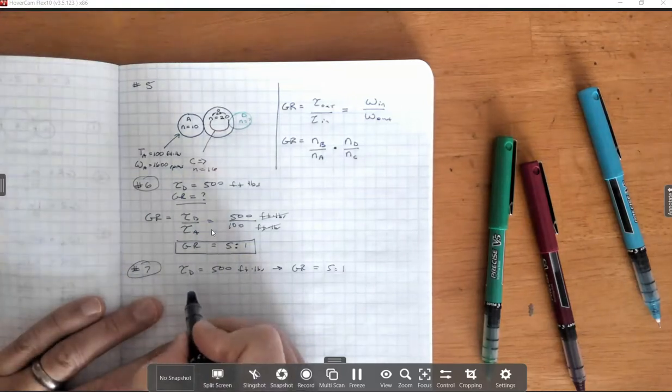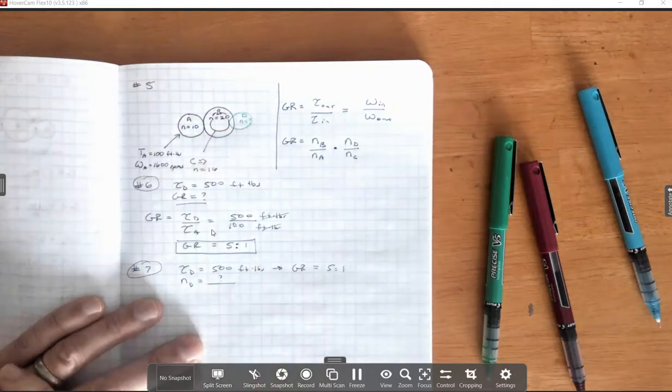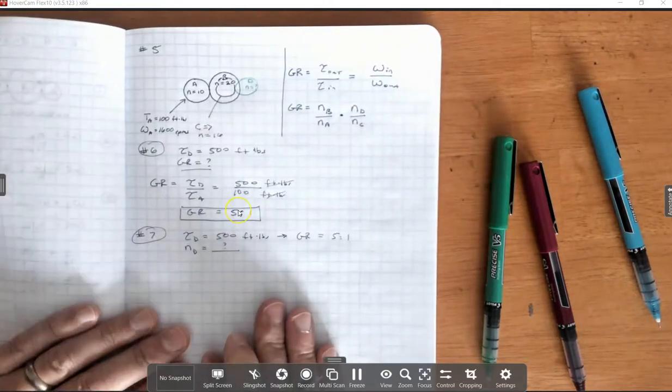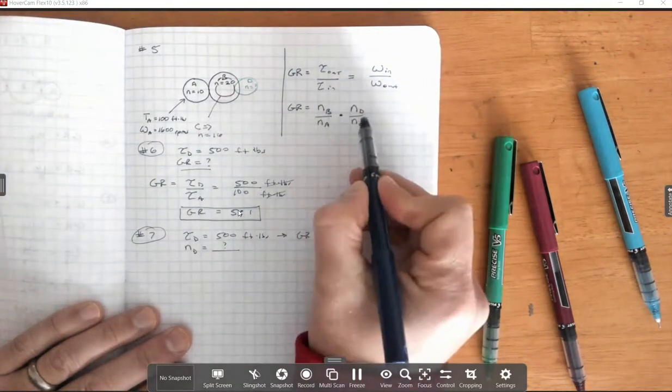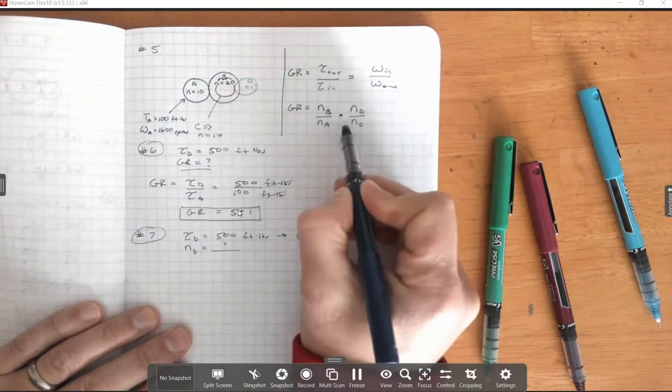The question is, what is the number of teeth that gear D needs to have to make that happen? Since we're looking for a number of teeth, we've got to use a formula that actually has that in it. So we're going to use this expression.